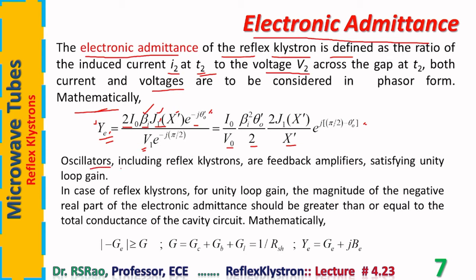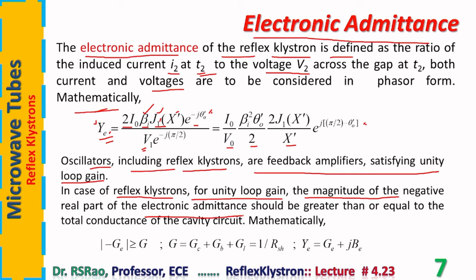Now, oscillators including reflex klystrons are feedback amplifiers satisfying unity loop gain. In case of reflex klystrons, for unity loop gain, the magnitude of the negative real part of electronic admittance should be greater than or equal to the total conductance of the cavity circuit.